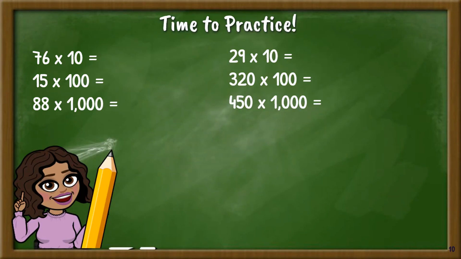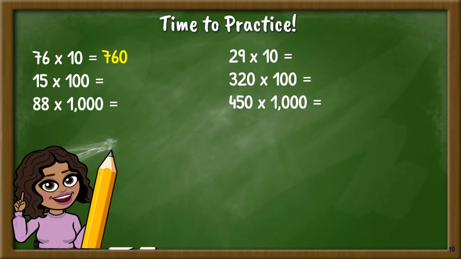Are you ready to practice? Let's go. So here's how it works. 76 times 10, we know that the 76 should be increased by 1 zero. So the answer is 760. 15 is being multiplied by 100. Here, we have two zeros.